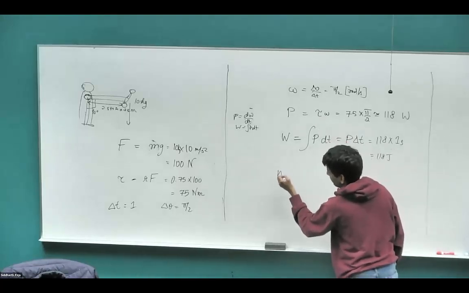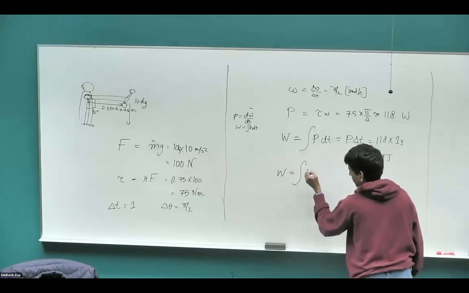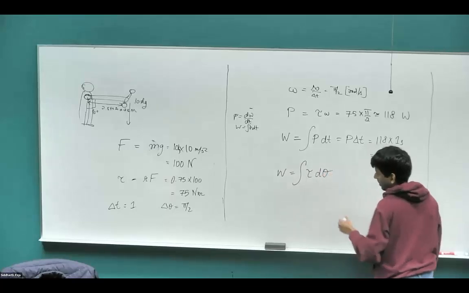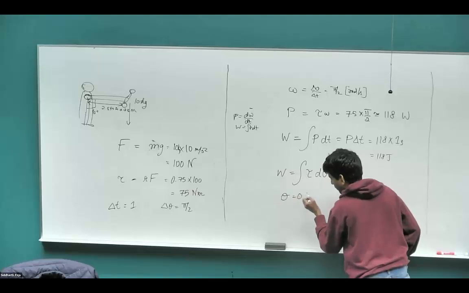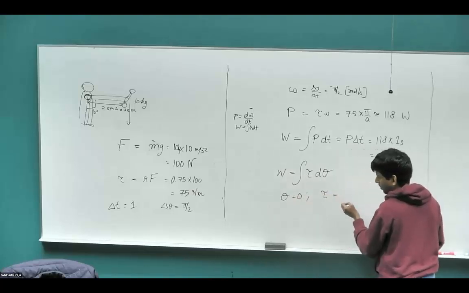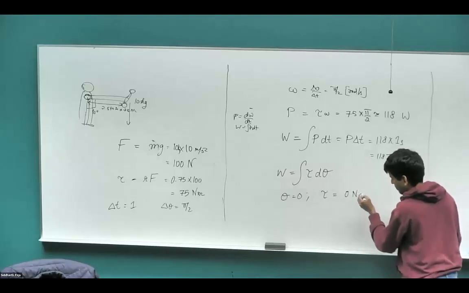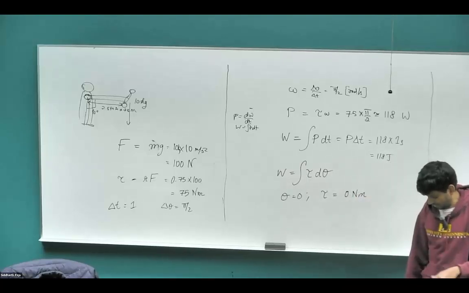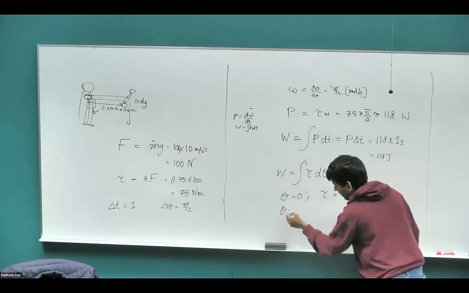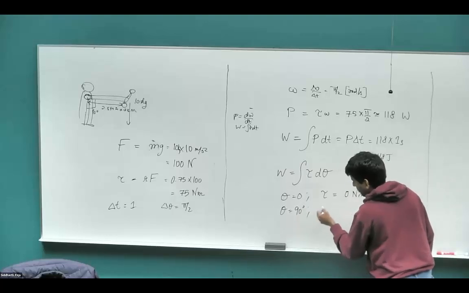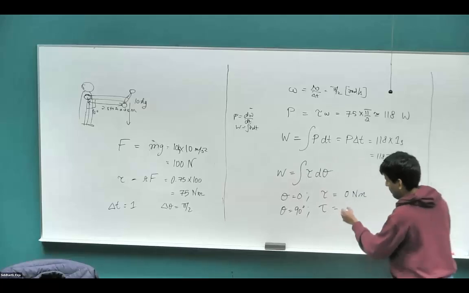So we had another definition: energy is the integral of tau d theta. When angle theta equals 0, what is the torque going to be equal to? 0 Newton meter. That's what we just saw. When the weight is at this angle, there is no rotational torque. But when theta is at 90 degrees, we calculated the torque to be 75 Newton meter.